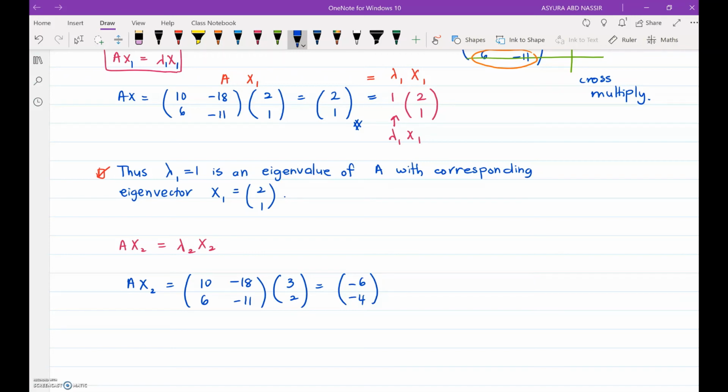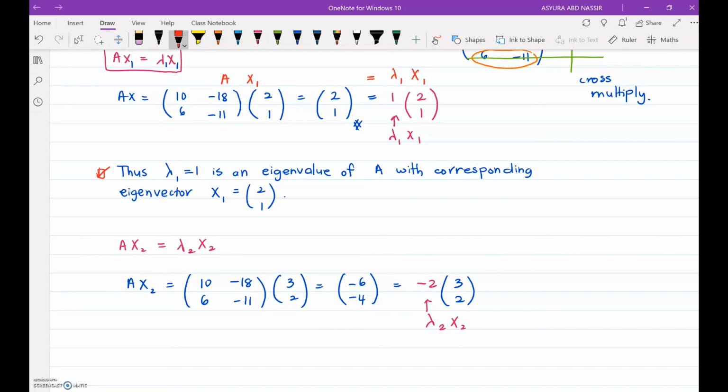Your aim is to write it in the form of lambda x, so here you must have x, which is (3, 2). When you factorize negative 6, you factor out 3, it will be negative 2, and negative 4 is also negative 2 times 2. So this is your lambda 2.